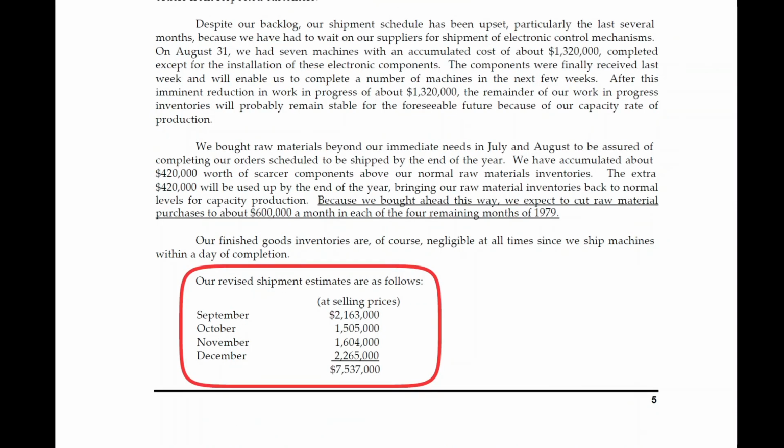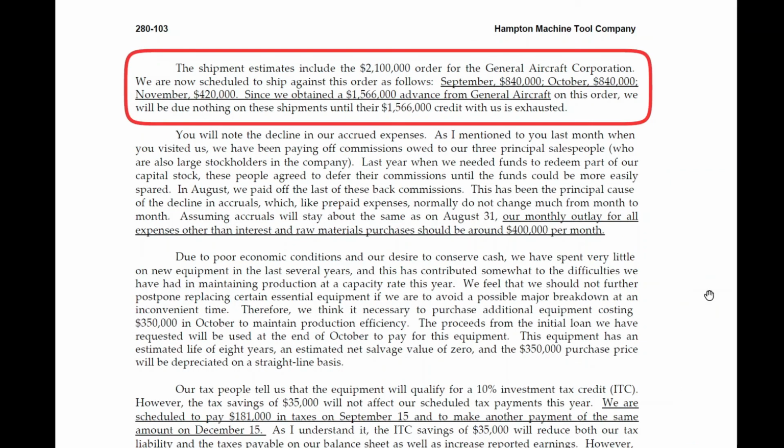Other information in Exhibit 4: the company expects to purchase raw material from a supplier in an amount of $600,000 a month. And the numbers of revised shipments in the box also correspond with the numbers in Exhibit 1. In the box, you should carefully incorporate this information in preparing a cash budget for Hampton.